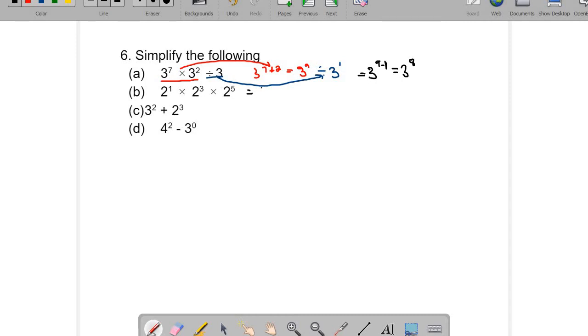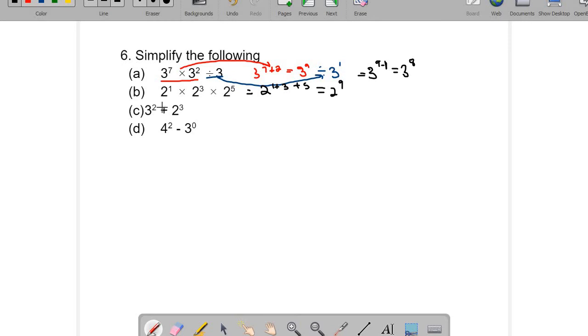That means we're going to keep the base and add the powers. So that is going to be 1 plus 3 plus 5. And we're going to get our final answer, which is 2 to the 9th power.